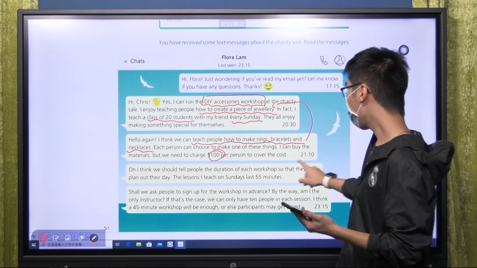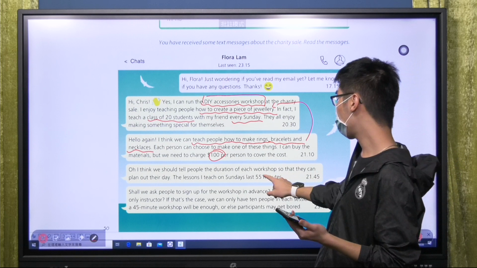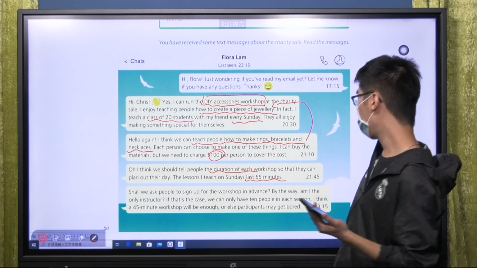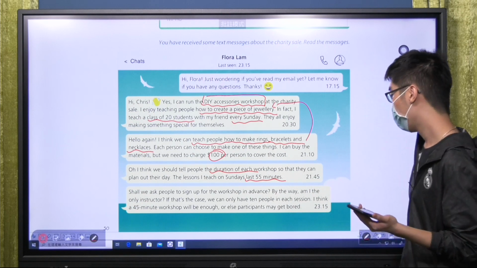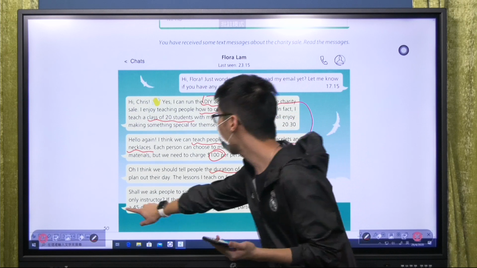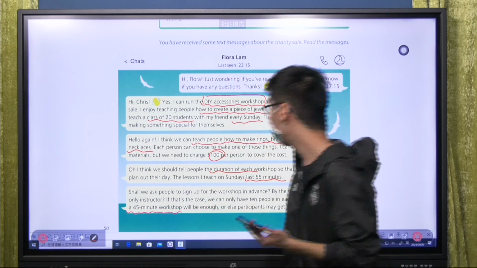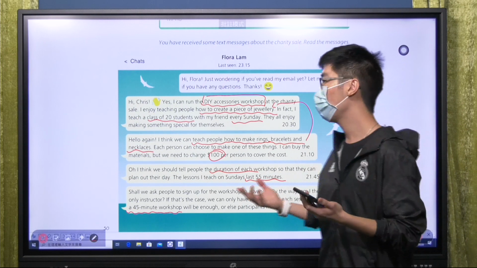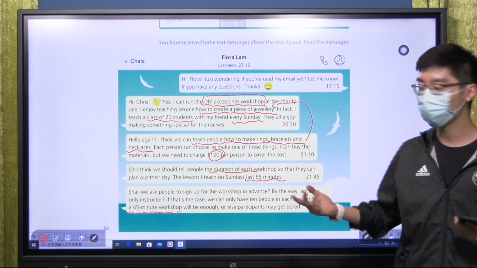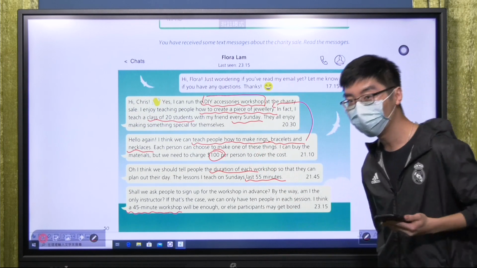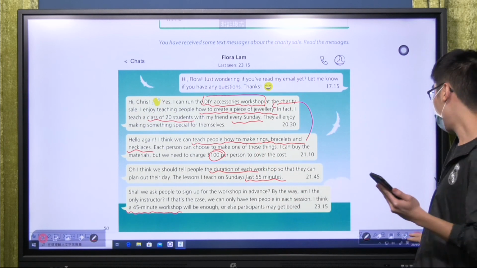And then you need to see the duration is what? About 55 minutes. And then you can see maybe a 45 minutes workshop may be enough for holding the workshop in the charity sales. So this information may be useful for your part B.